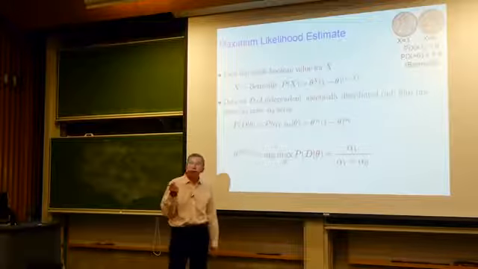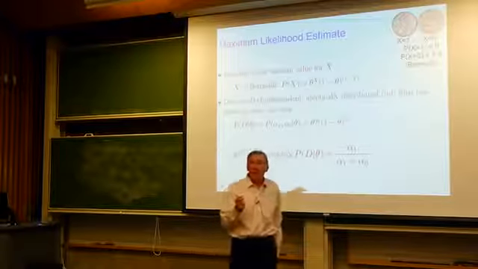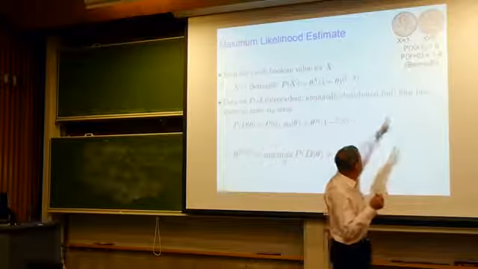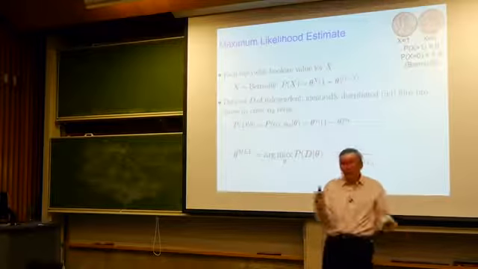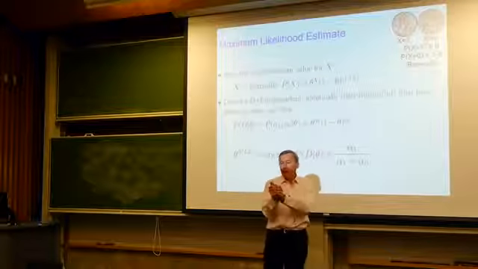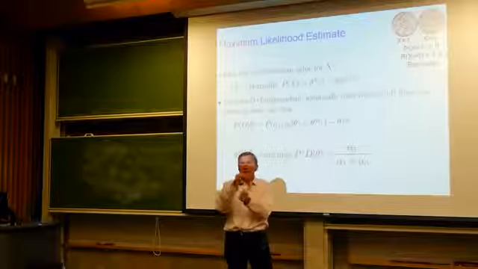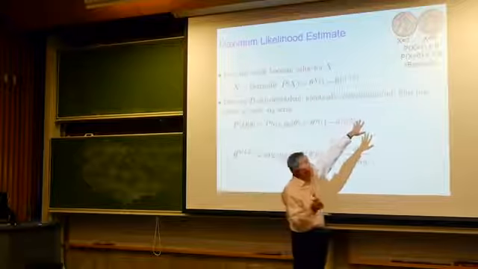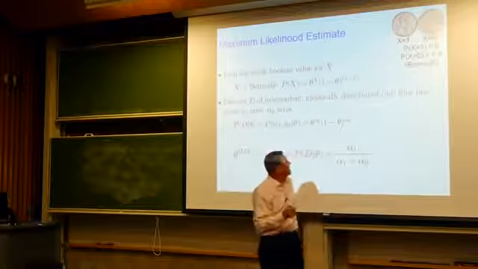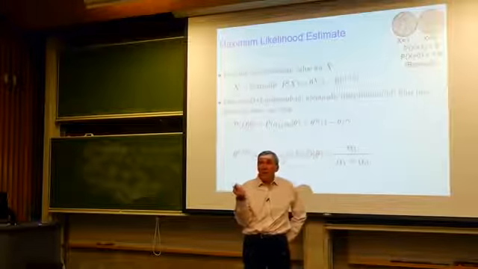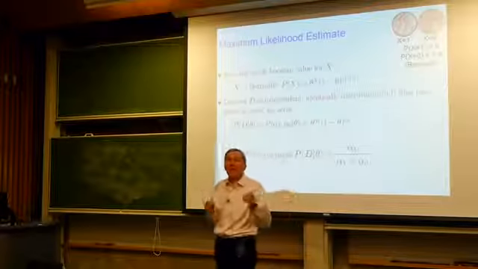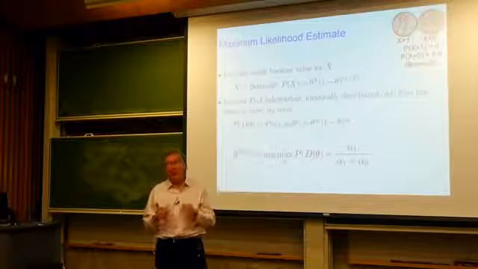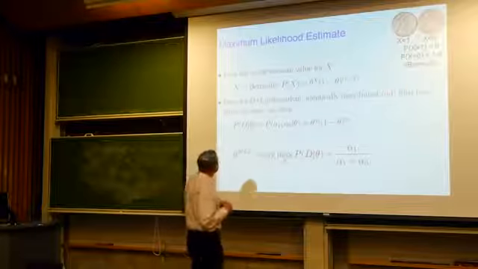Then we took as a case study the problem of estimating theta for a Bernoulli distribution, that is a coin flip, where we say we have a random variable which could turn out to be heads or tails, 1 or 0, and depending on the coin, there's some theta, which is the probability that that coin will turn out to be heads, x equals 1.